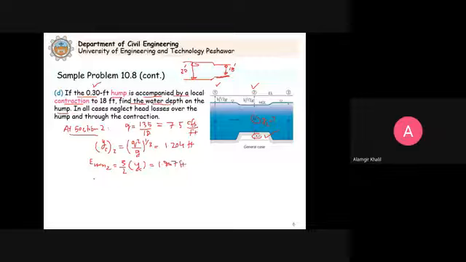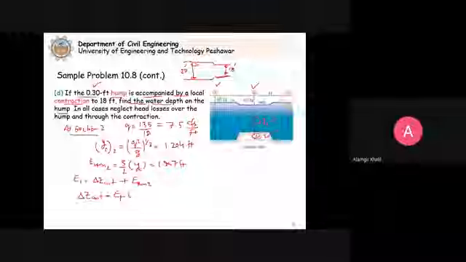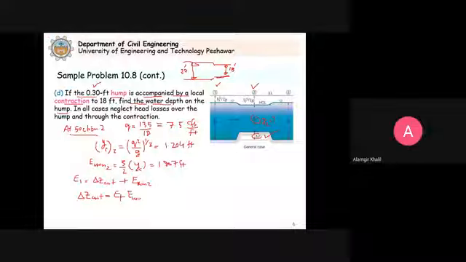Now we calculate delta Z critical. E1, the specific energy at section 1, will be equal to delta Z critical plus E minimum at the second section. So delta Z critical will be equal to E1 minus E minimum at section 2.